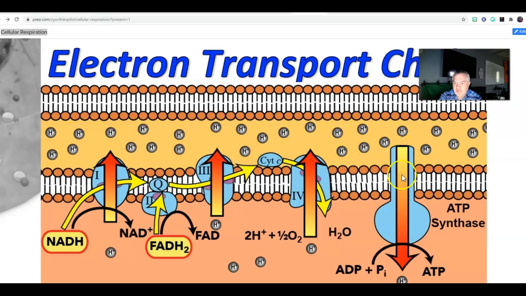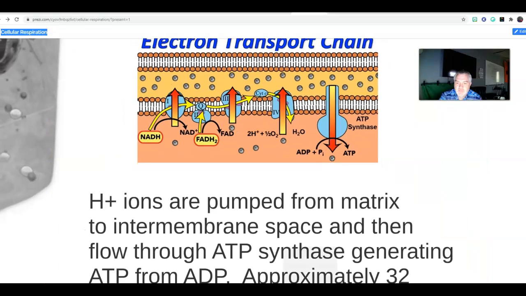These hydrogen ions flow through this and they generate ATP, large amounts of ATP. In fact, the largest amount by far. There's varying reports. Some books will say 32 or 34 ATP per glucose molecule.